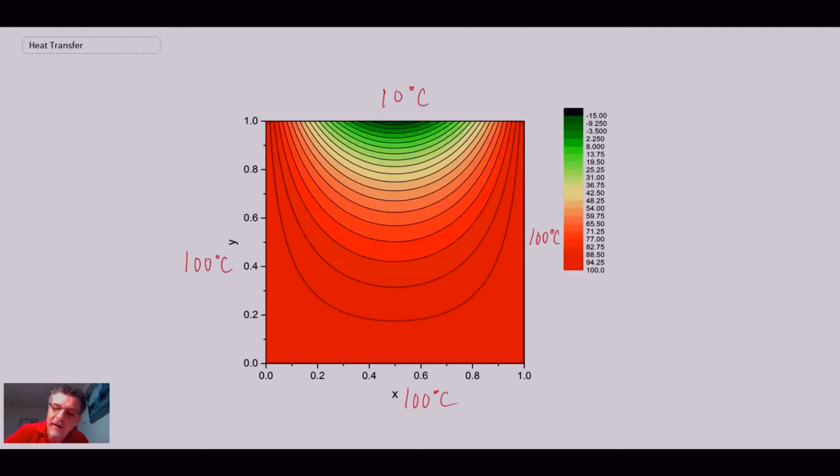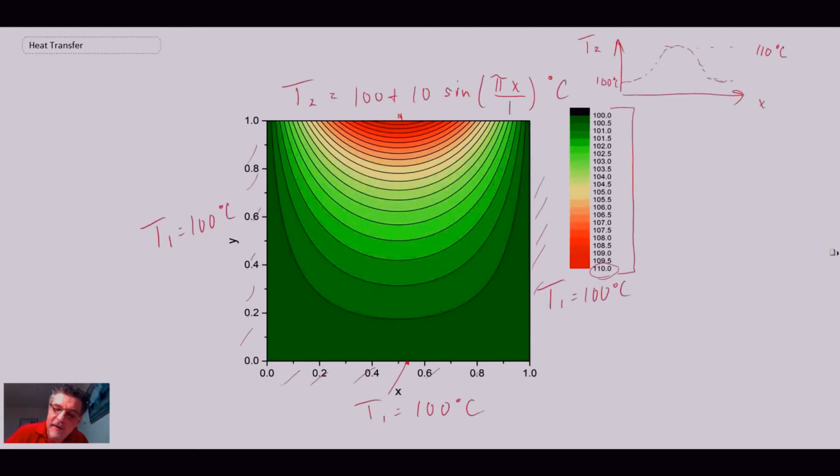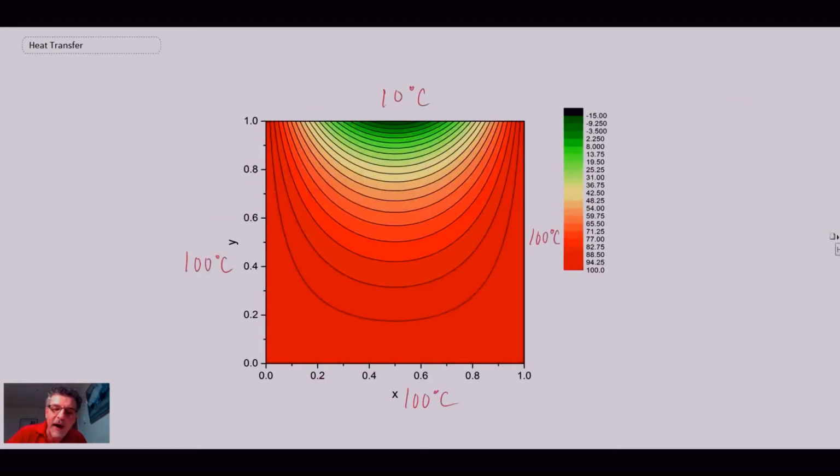It kind of looks like the one that we just looked at. Nice, smooth curves. But what I should say is that this is only for one term in the infinite series, and in order to evaluate it, you have to have many more terms. So this is not an accurate solution that we're looking at here. It just gives you an idea as to what it looks like to begin with.